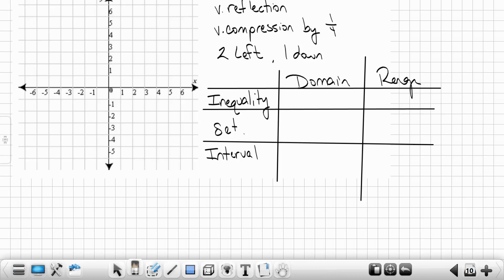Where's my vertical asymptote at? Cannot equal -2. So x is less than -2 and x is greater than -2. That's my inequality. My range, I can't be what number? -1. So y is less than -1 and y is greater than -1.